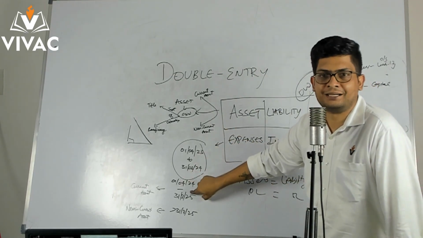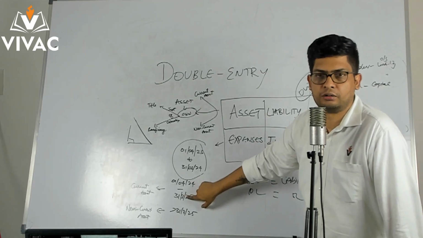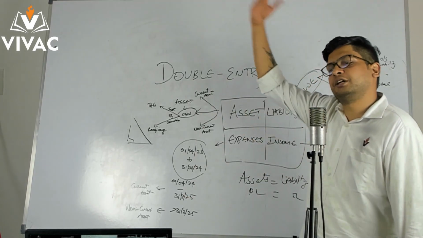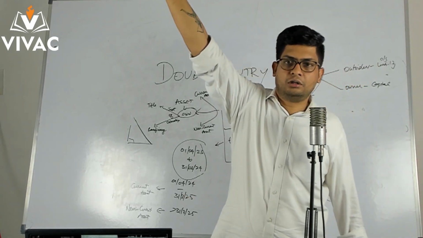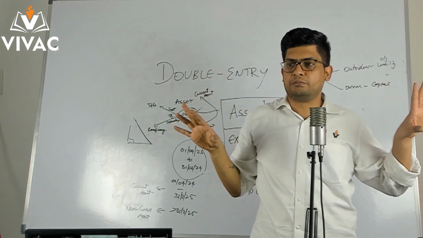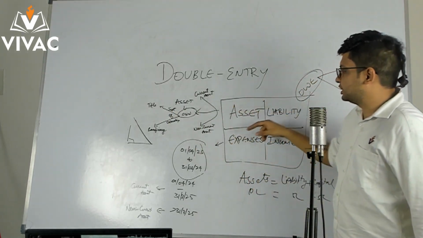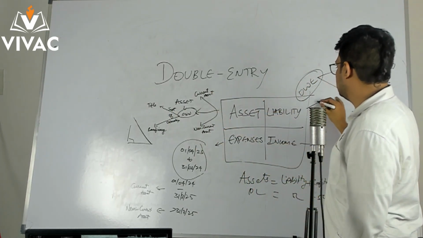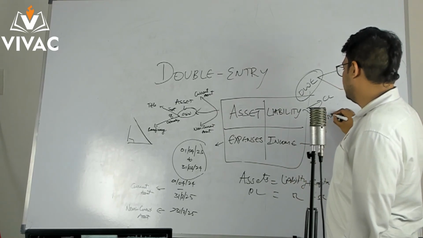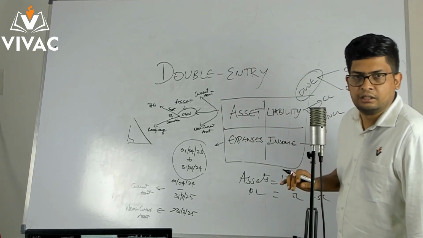Whatever you have to pay in the next 12 months, that is your current portion of loan. Whatever you have to pay after 12 months, that is your non-current portion of loan. So 24 months we will divide it into 12 months. Clear till here? Any doubt? No doubt. So assets and liabilities are split into current and non-current. So liability is also current liability, non-current liability. Clear till here? Very good.